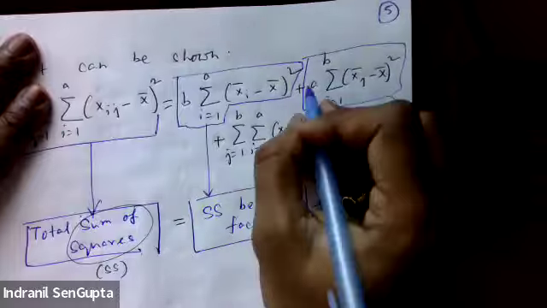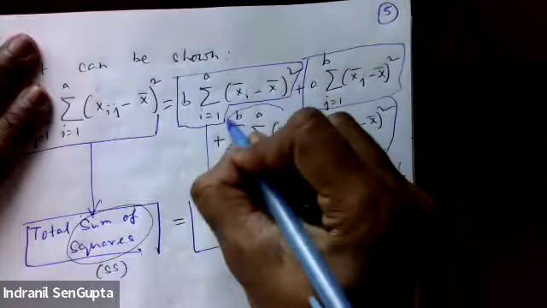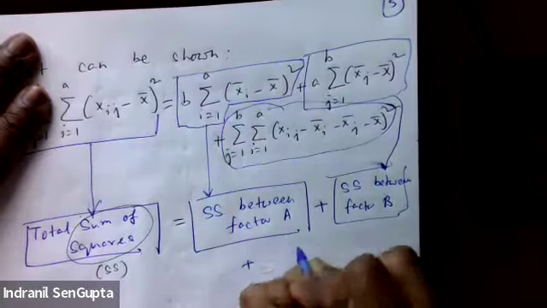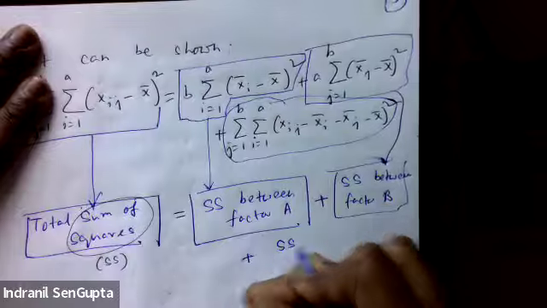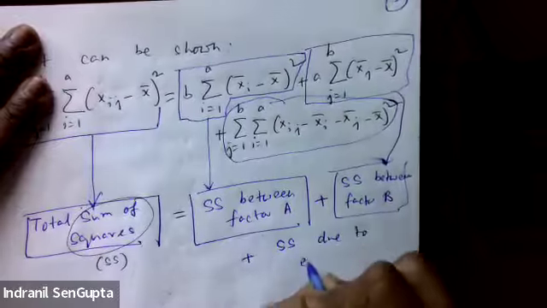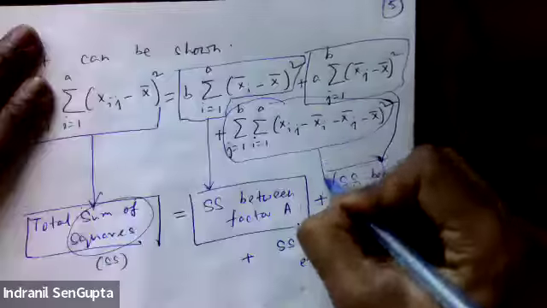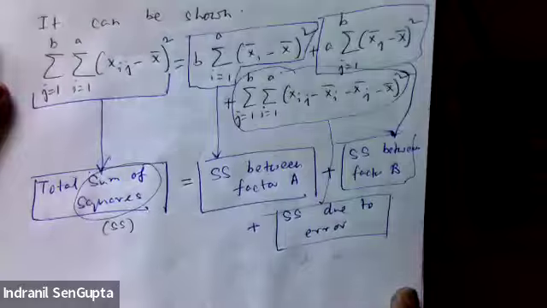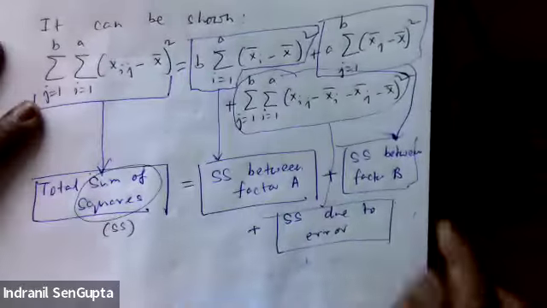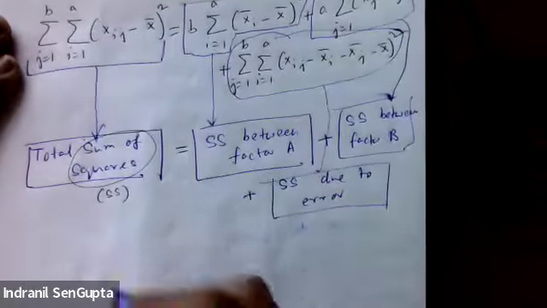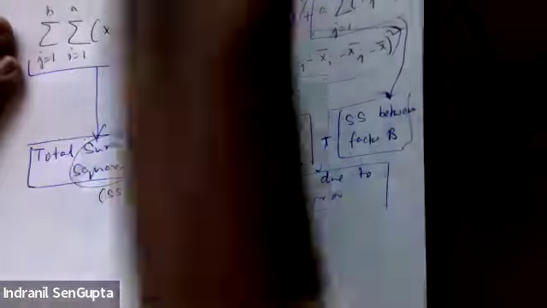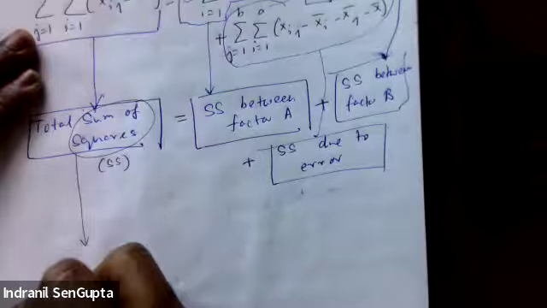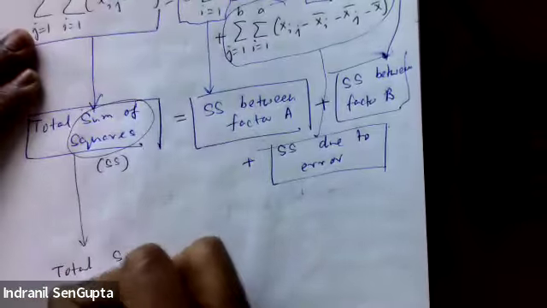And finally, this quantity is the sum of squares due to error. So we write this as SS due to error. It's not really classified as A or B, it's just the error. This equation is sometimes written as, so this one is called the total SS, as I mentioned.